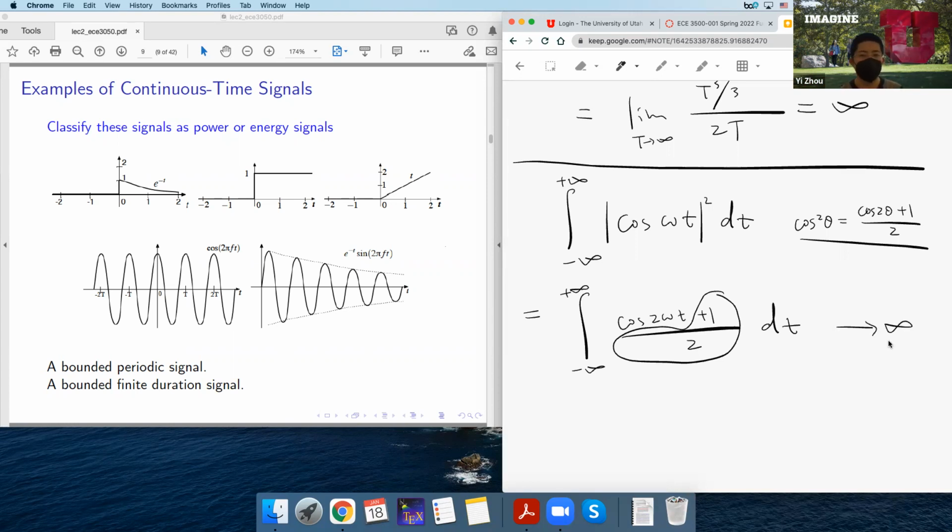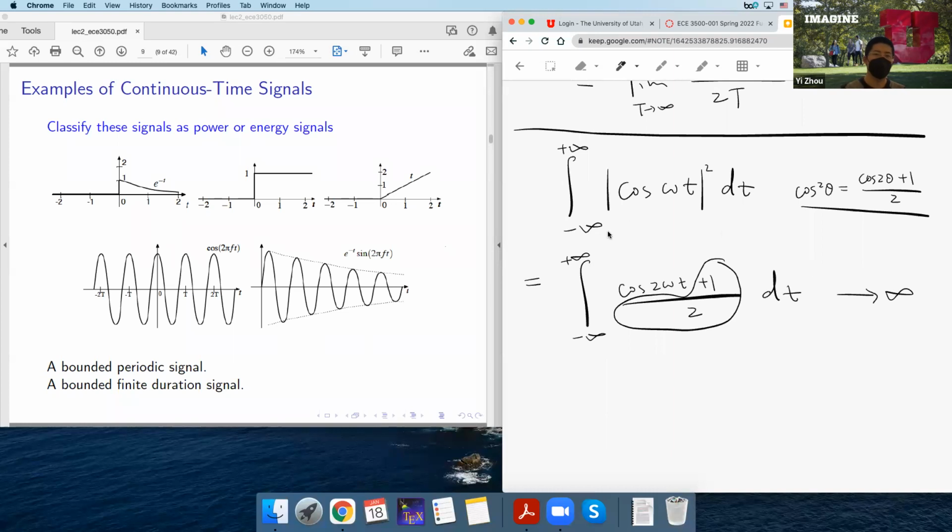It goes to infinity. And then we look at its power. Because it has infinite energy, the power could possibly be finite or infinite. We need to do the calculations.